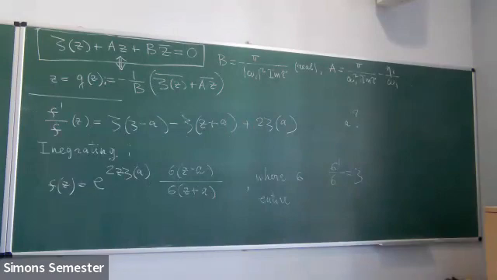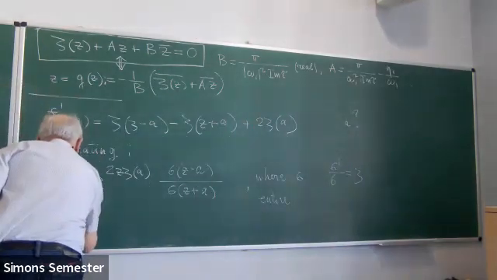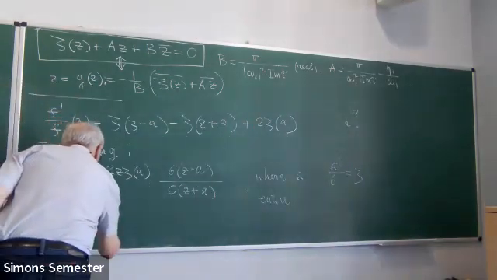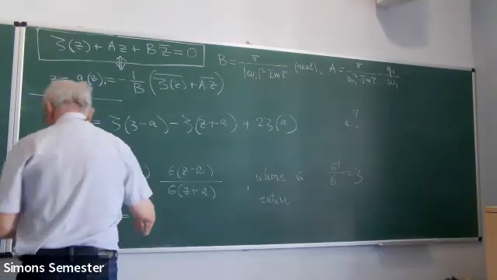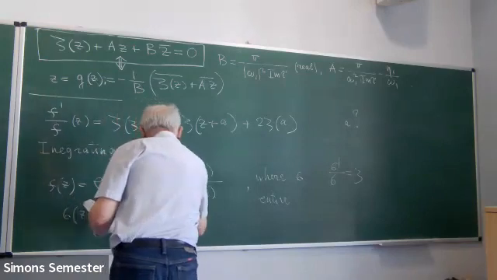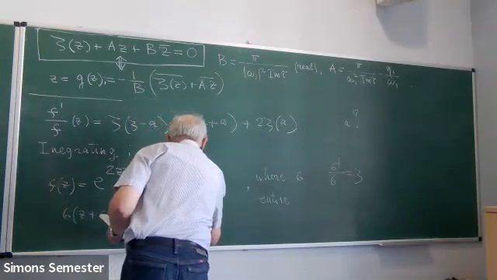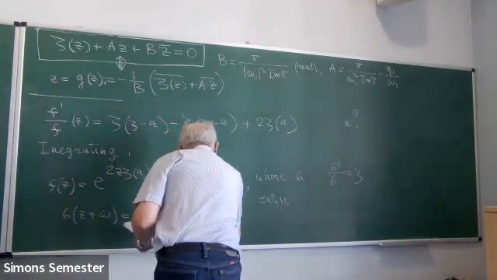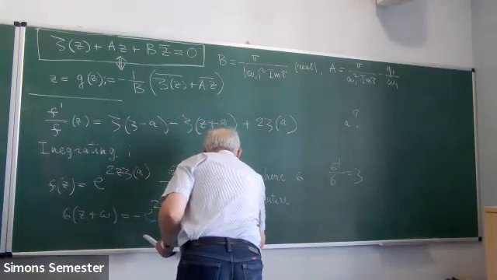Now you use the periodicity relation for sigma. It is the following: sigma of z plus omega equals e to the 2 eta z plus omega times sigma of z.